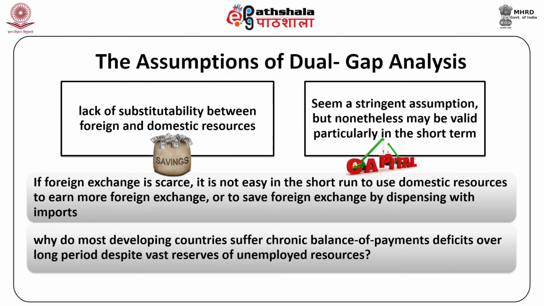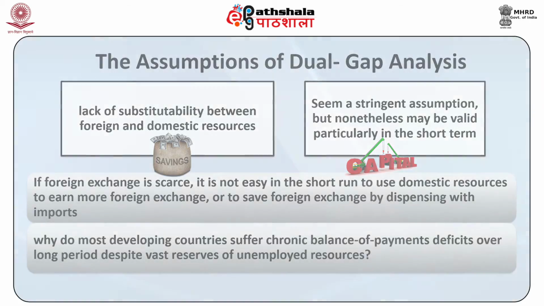If foreign exchange is scarce, it is not easy in the short run to use domestic resources to earn more foreign exchange or to save foreign exchange by dispensing with imports. If it were easy, the question might well be posed, why do most developing countries suffer chronic balance of payments deficits over long periods despite vast reserves of unemployed resources?